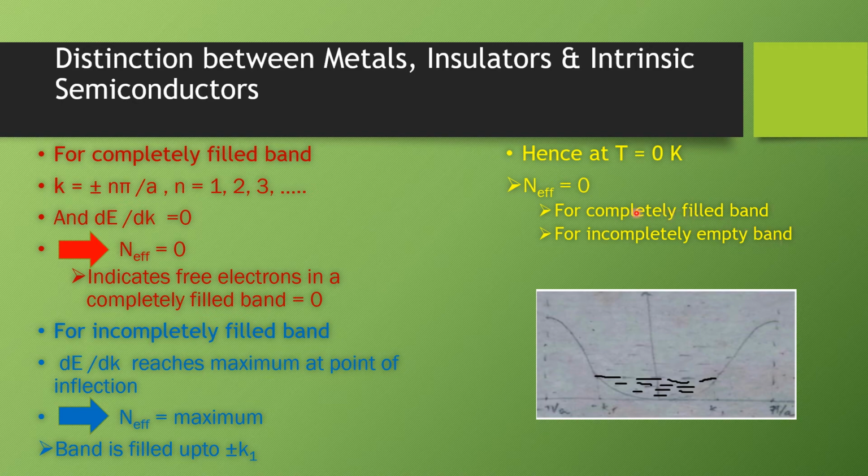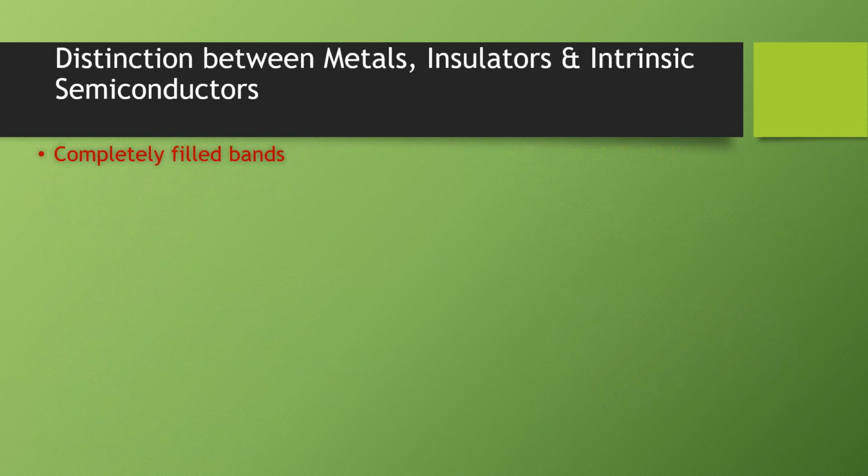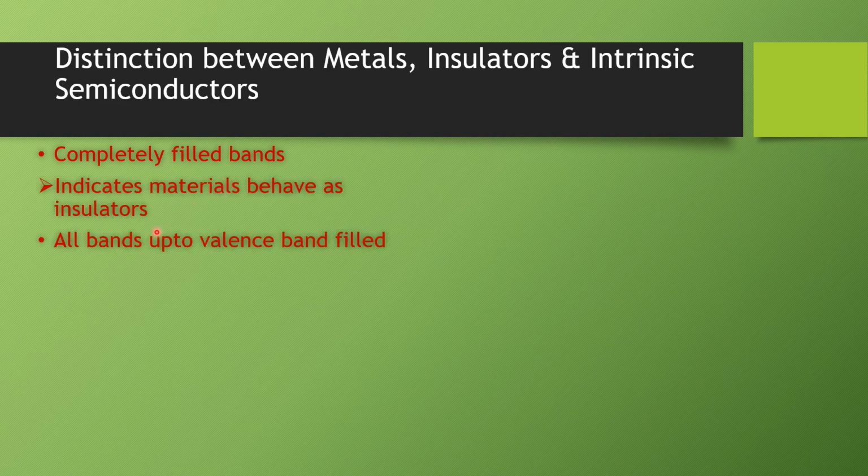A completely filled band can be taken as the case for an insulator. So a completely filled band indicates materials behave as insulators. All the bands up to the valence band are filled and the topmost band, which is the conduction band, is completely empty.